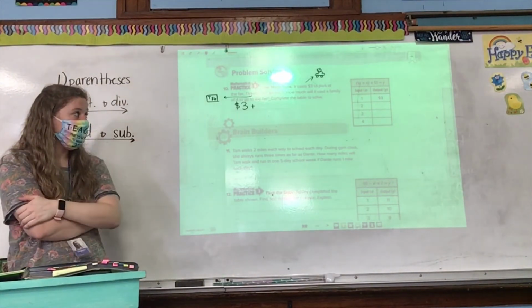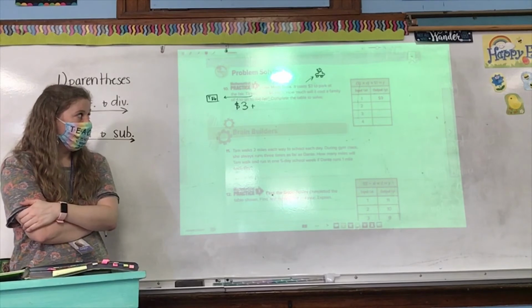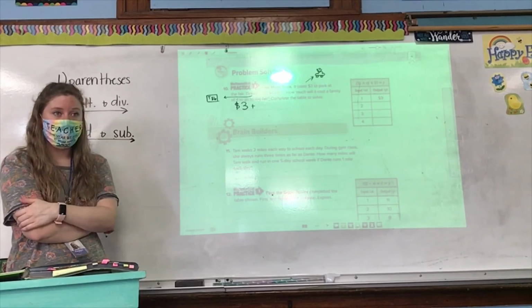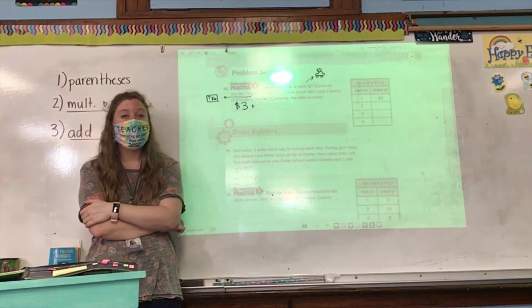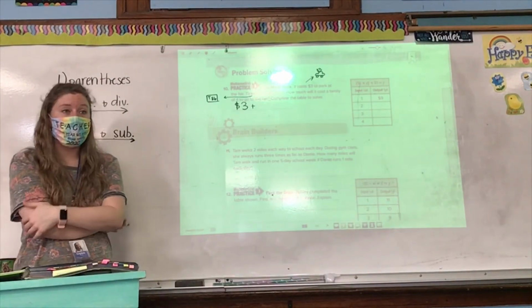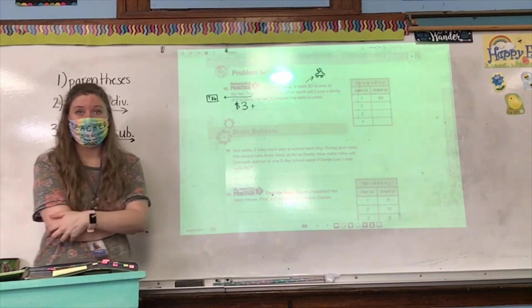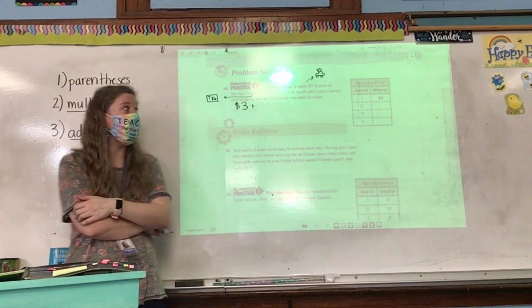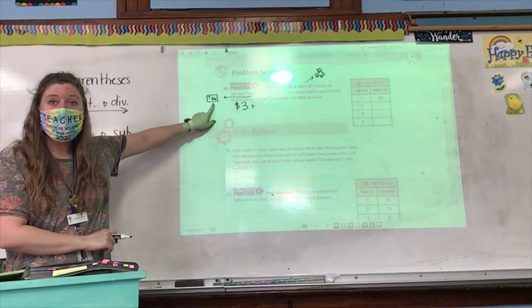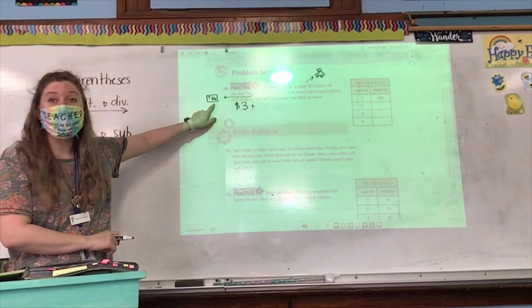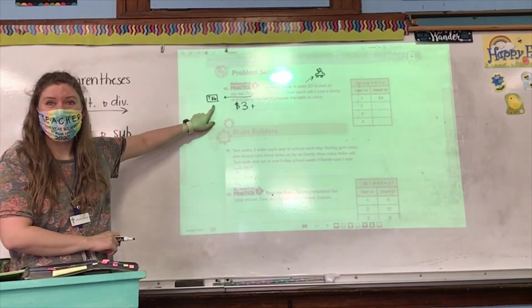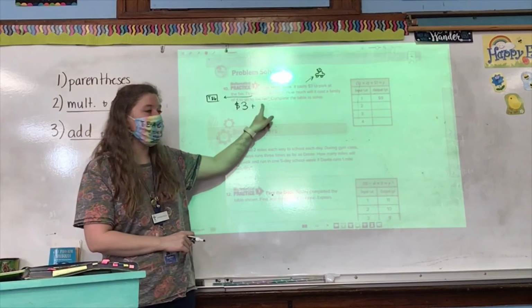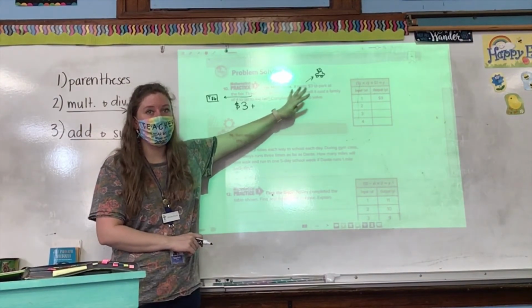Now, there's a family of 4, and the tickets cost $6. How many tickets will a family of 4 need to get into the fair? Lena? 4. So, how many times do we need to add the $6? 4. Do we need to write plus $6, plus $6, plus $6, plus $6?